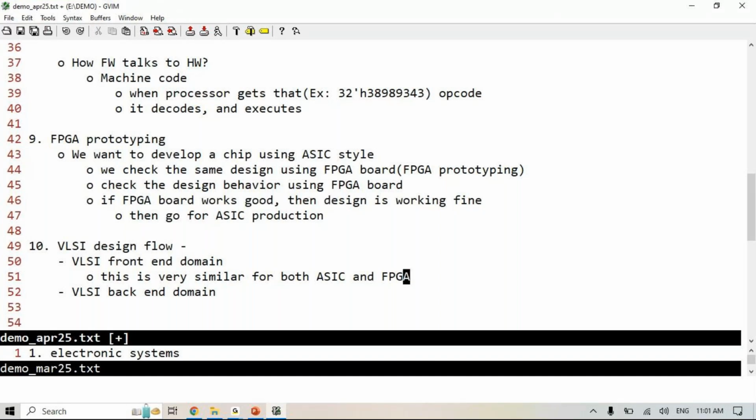Now, what exactly do we do in the front end domain? We'll discuss after the break. But you understand that the front end domain is similar for both ASIC and FPGA. The back end domain is where it differs. It differs a lot for ASIC.